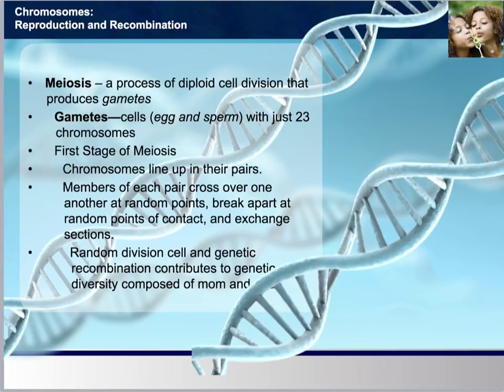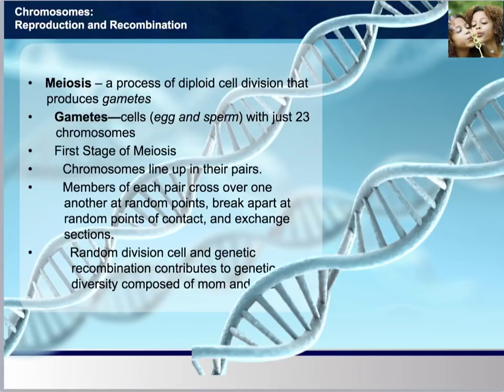Now, members of each pair cross over one another at random points, and they break apart at random points of contact and exchange sections. We believe it is this random division of cells and genetic recombination that contributes to the genetic diversity composed by mom and dad.